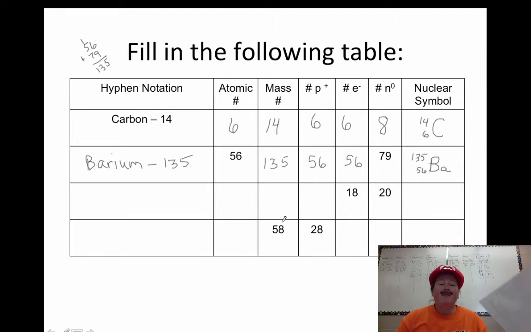I would like you to try and fill in the blanks to the rest of these right now. So you should pause this and go ahead and fill in the blanks. Try these two with the information that's given, and the answers will show up on the next slide.